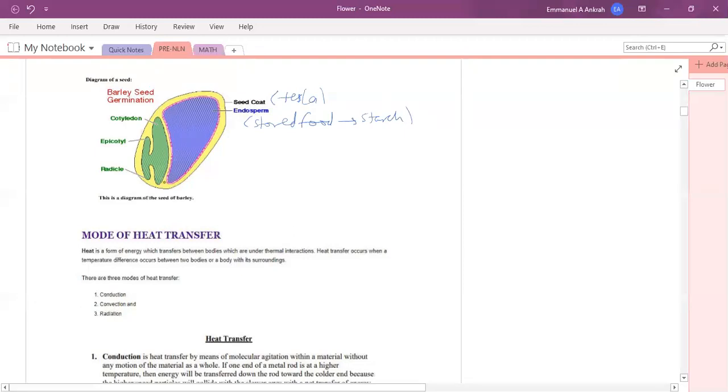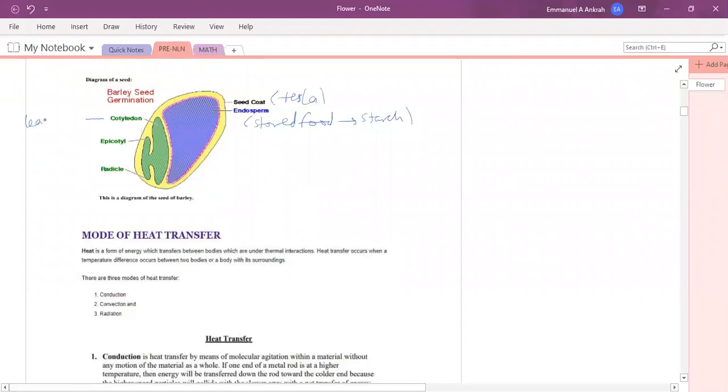And then you have within the seed, the seedling, the part that will become the first plant that will come out. And it has parts. The part called the cotyledon. The cotyledon is what becomes the leaf, the seed leaf.